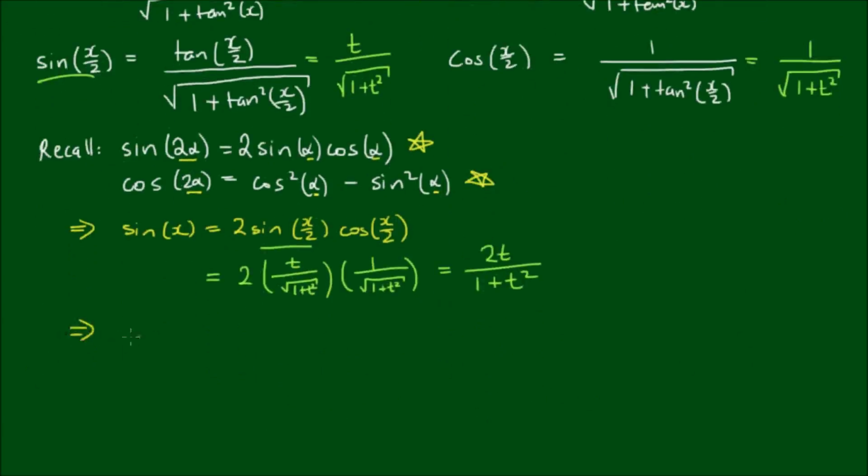Similarly, for the cosine of x, we can write this as the cosine squared of x on 2 minus the sine squared of x on 2.